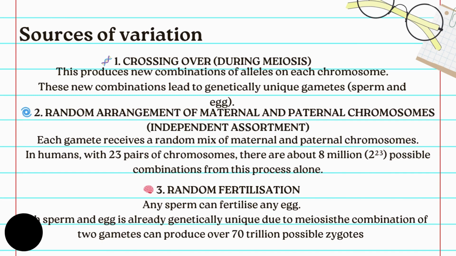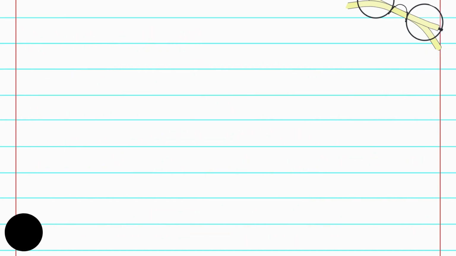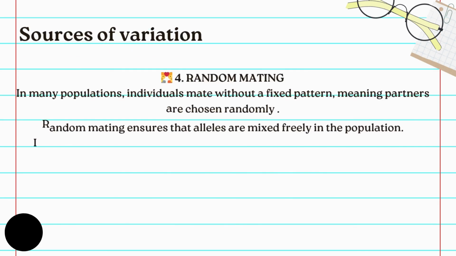So with just two gametes combining, they can produce over 70 trillion possible zygotes. That just shows it's so random, and you never know which egg and which sperm is going to fertilize, and what combination of alleles and chromosomes are coming together right now.